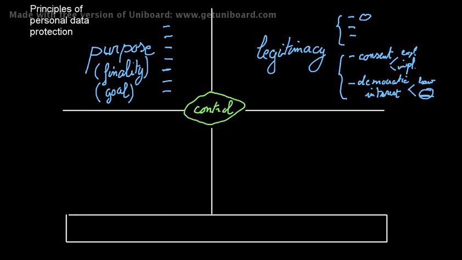A third principle is transparency. Transparency has two different lineouts. The one is the transparency towards the data subject.